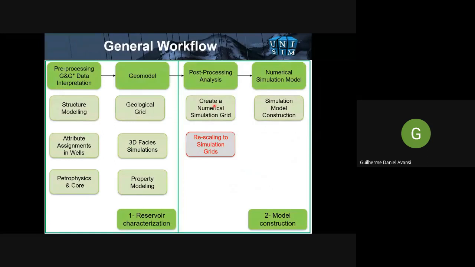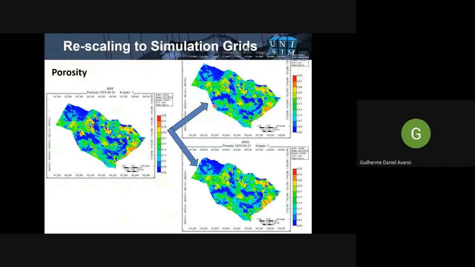Now we need to rescale the information. This is the map of porosity, the distribution of porosity in all the reservoir. This information is used for building two different models, I mean different fidelities. I will give more detail about this at the end of this presentation.